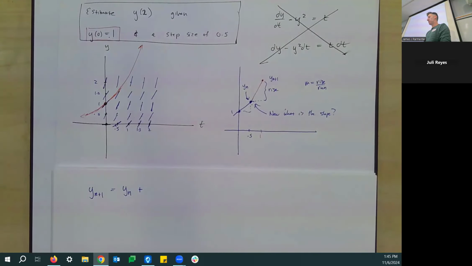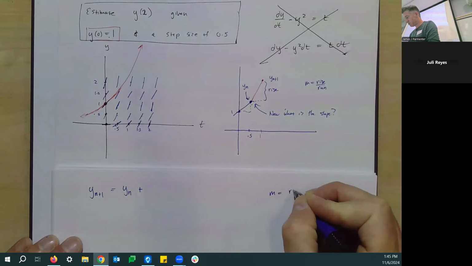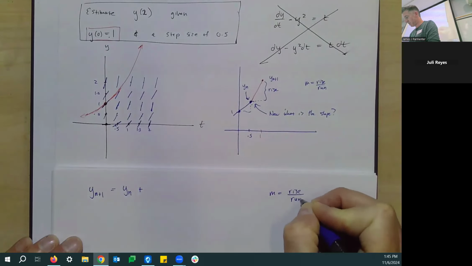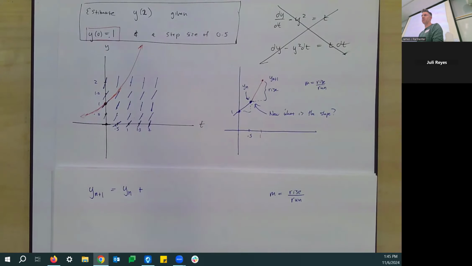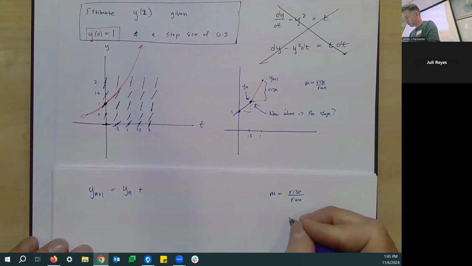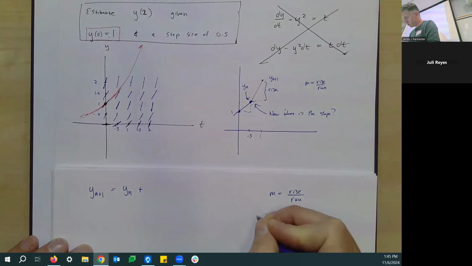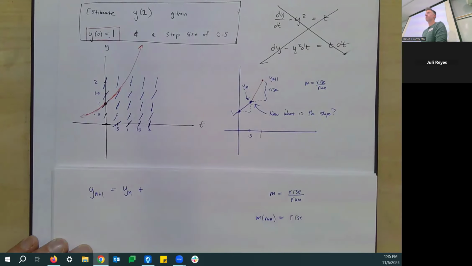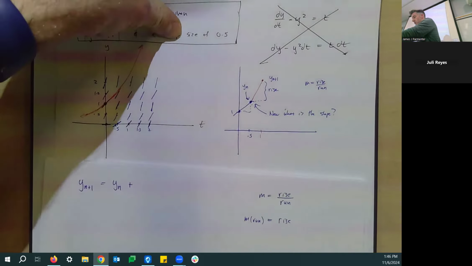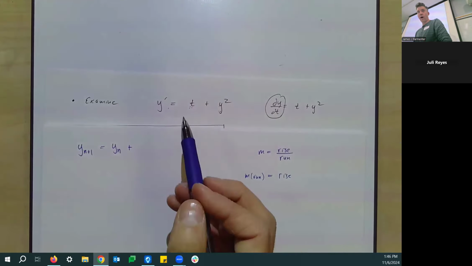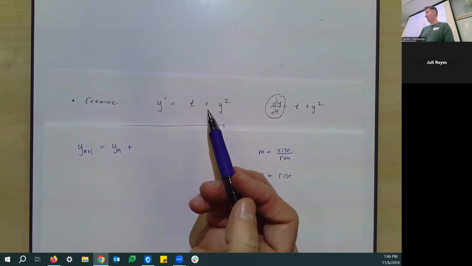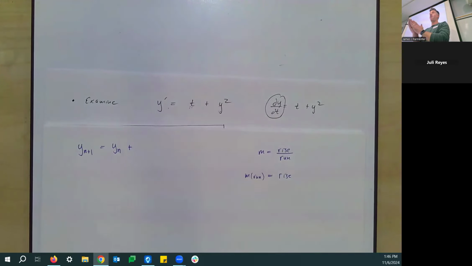Well, if the slope is the rise over the run, then the rise is the slope times the run. So in other words, what I need here is whatever y prime is equal to at whatever point I'm at, multiplied by how far over I'm moving, which is called my step size.